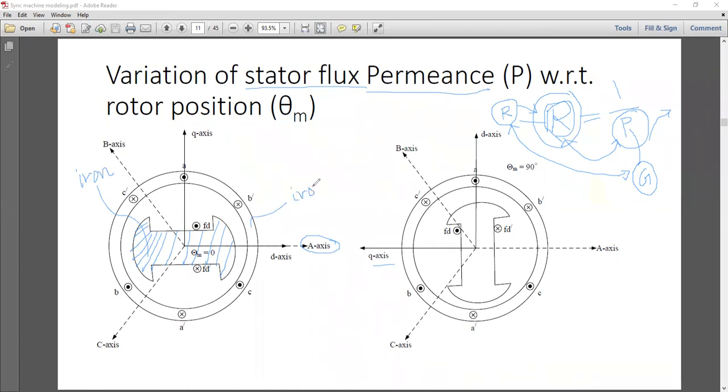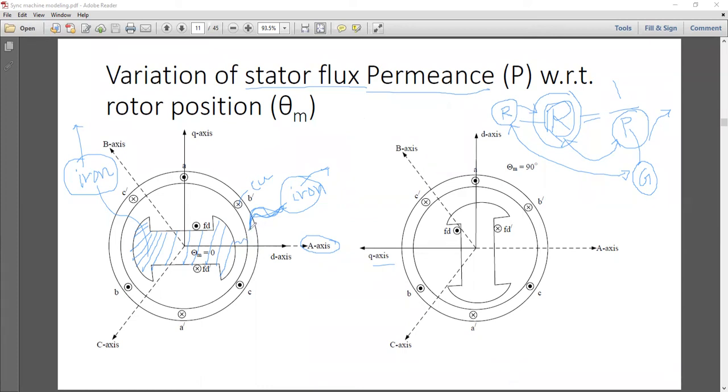Copper is actually the coil itself; the coils are placed into the slots. So I'm talking about the stator core. Sorry, I shouldn't mention this as the coil. The stator core material is the same as the rotor core material. So this is iron. This is also iron. What about this gap? This is space.